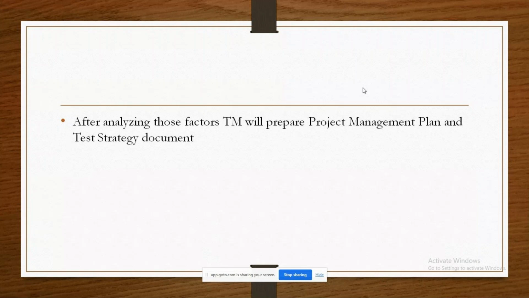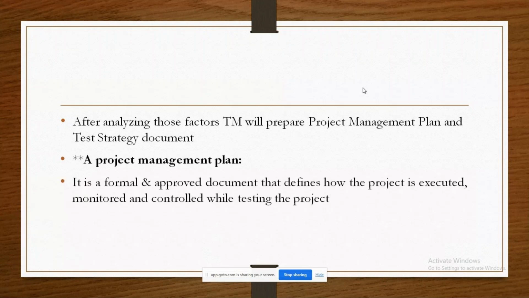That is what the project management plan describes. It is a formal and approved document that defines how the project is executed, monitored, and controlled while testing the project. But this document is optional.